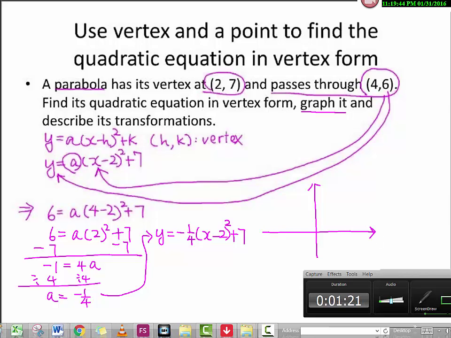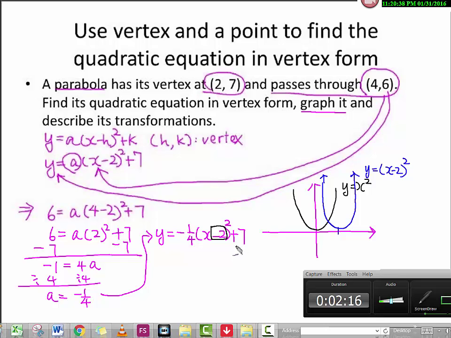Let's start with the parent function, which is y equal to x squared. The first movement here is 2, so it shifts to the right by 2 units. I'm going to change the color to show it to you. I use blue. So the first movement is a shift to the right by 2, which represents y equal to x minus 2 squared.